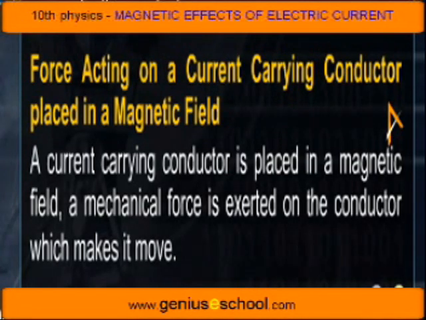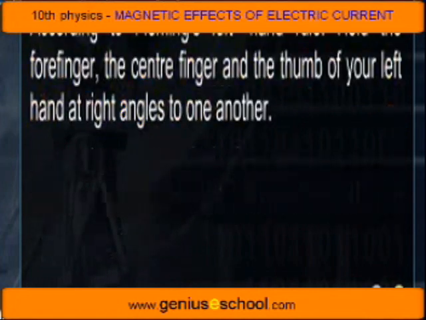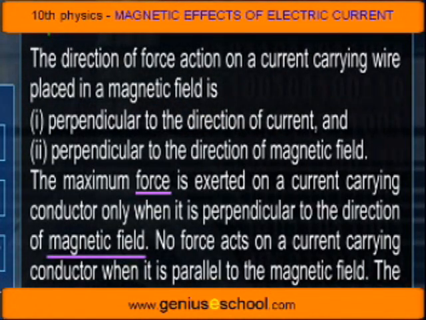When a current carrying conductor is placed in a magnetic field, a mechanical force is exerted on the conductor, which makes it move. The direction of force acting on a current carrying wire placed in a magnetic field is perpendicular to the direction of current and perpendicular to the direction of magnetic field.